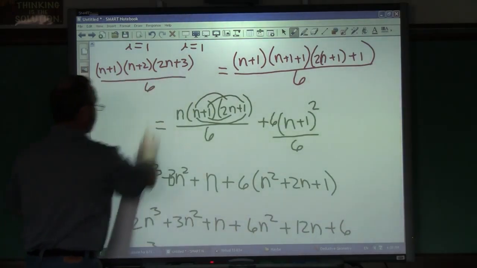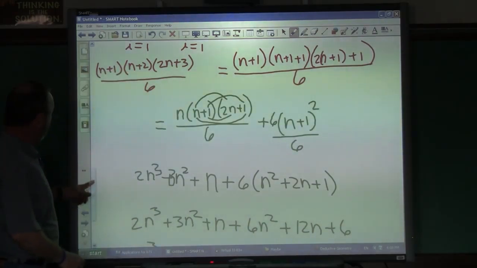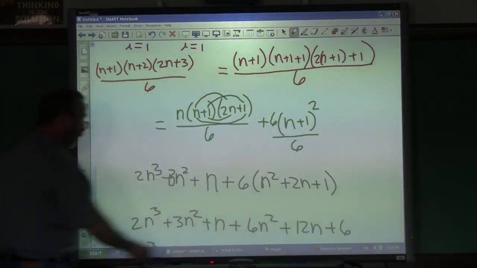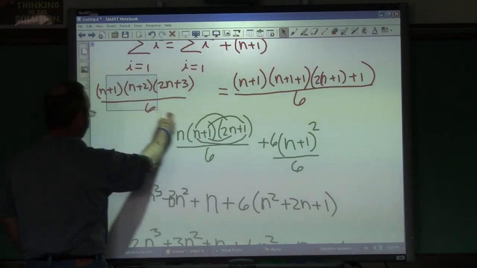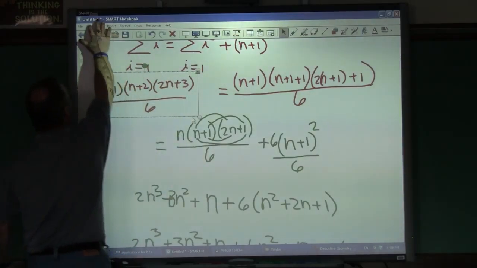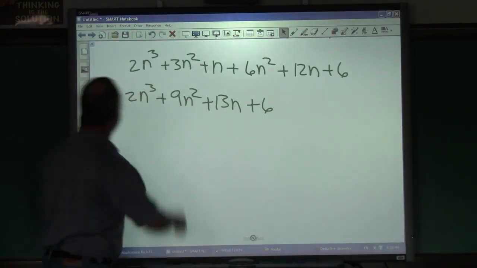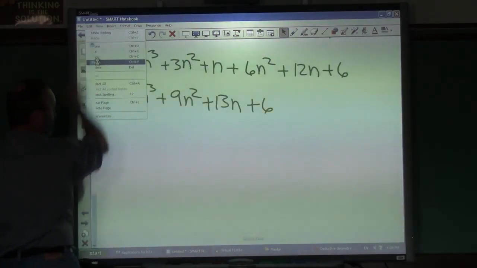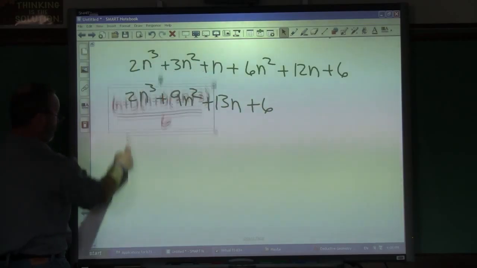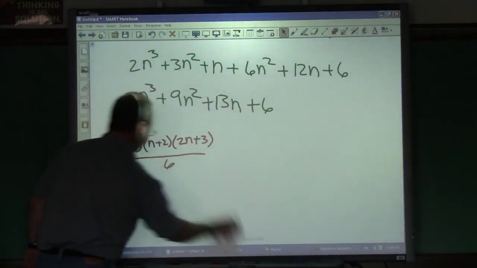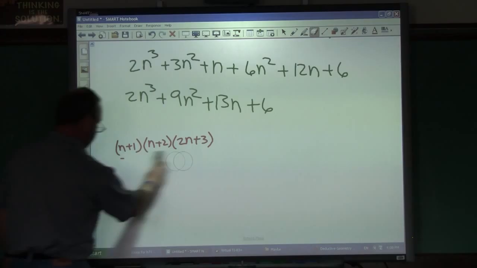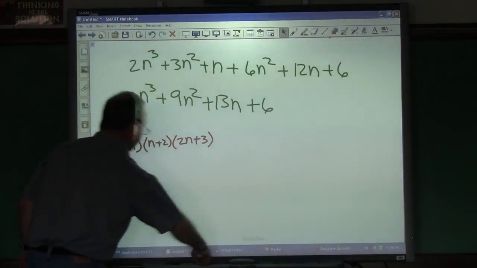And that's over 6, but we're only worrying about the numerator here. So we just need to expand out this numerator.